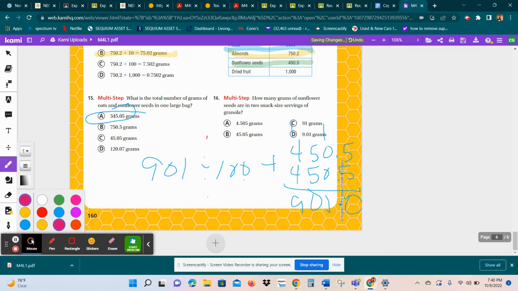How many zeros do I have here? Very good, I have 2. So I'm going to move my decimal. I'm going to rewrite that to 901. Move my decimal to the left. My decimal will be right here, and I'm going to just move it over. So 1, 2. So how much will be in one bag out of 100? Absolutely right. The answer is D, 9 and 1/100 grams.